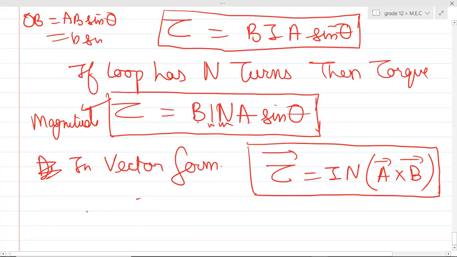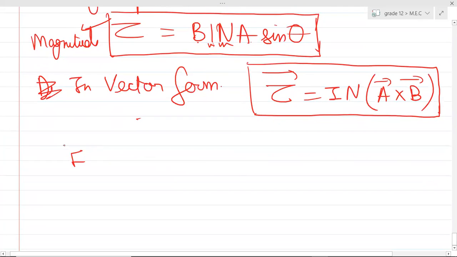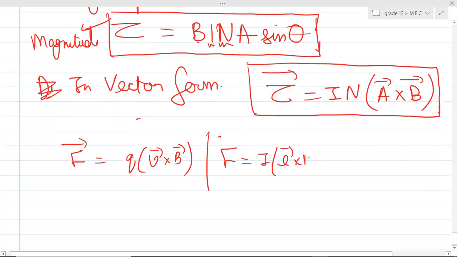Always remember, guys, a nice thing I think you might have noticed. Force acting on a moving charge was Q into V cross B. Force acting on a current carrying conductor was I into L cross B. And torque is I into N into A cross B. What is the only thing you notice common in all of them?